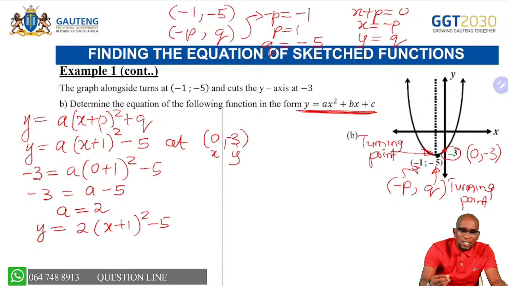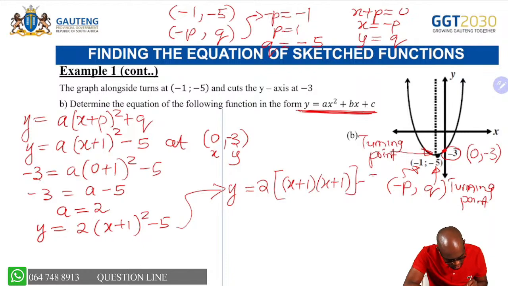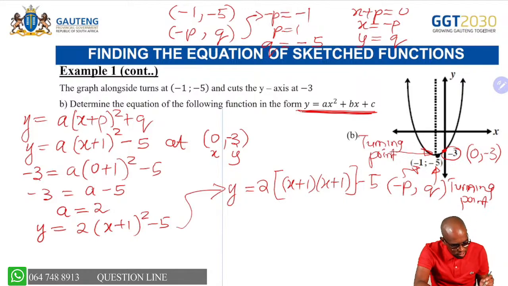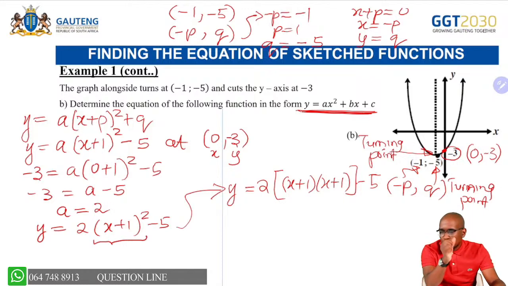Now what's important is this. They said you must write it in the form y is equal to ax squared plus bx plus c. Allow me to continue here. So now I'm going to distribute: y is equal to 2 into, in my brackets, x plus 1 twice, and then minus 5. What I did was make sure that x plus 1 squared is represented by 2 brackets, so that I can simplify them.